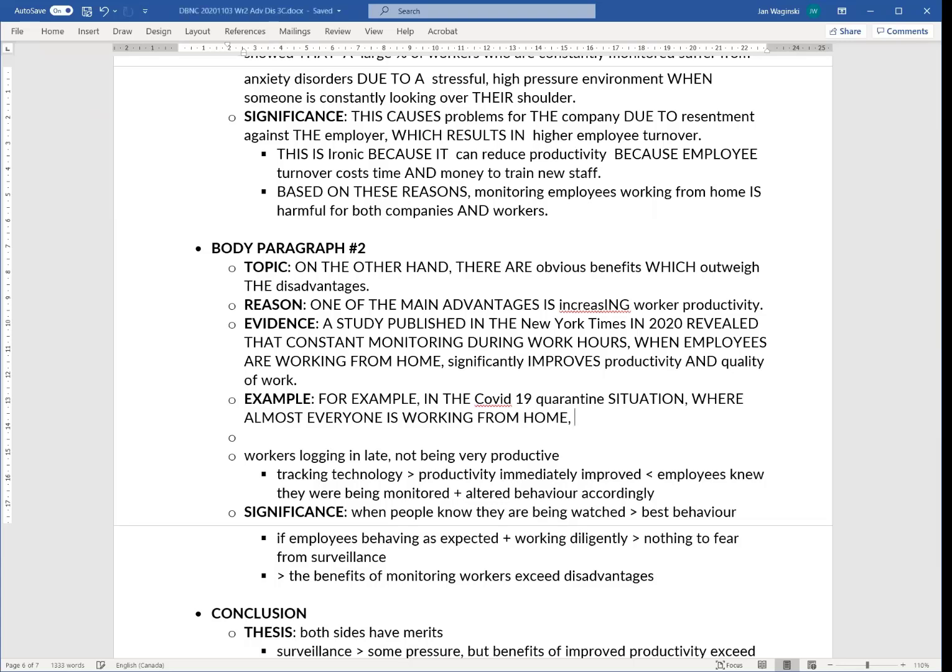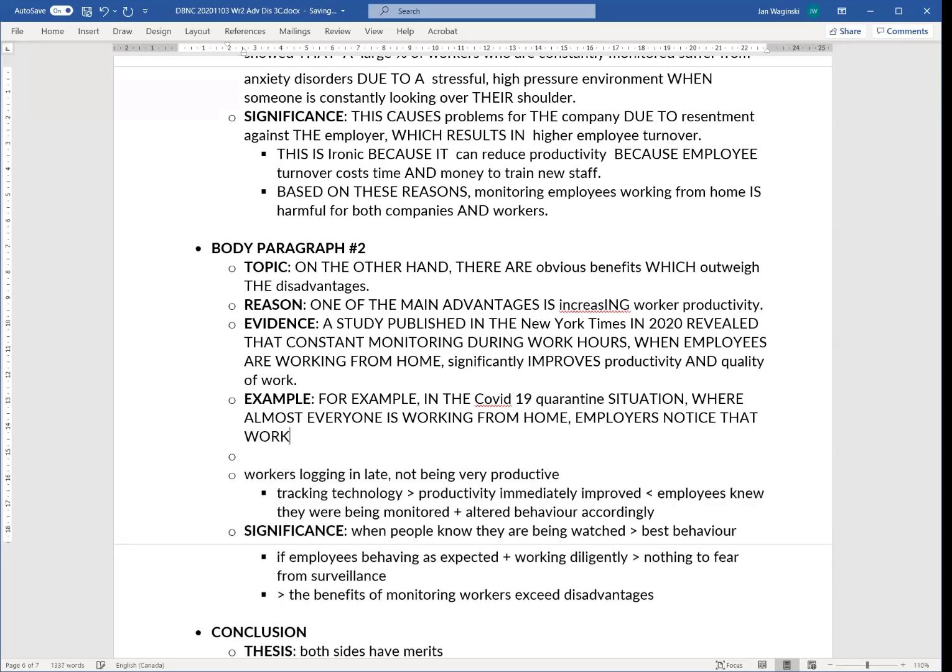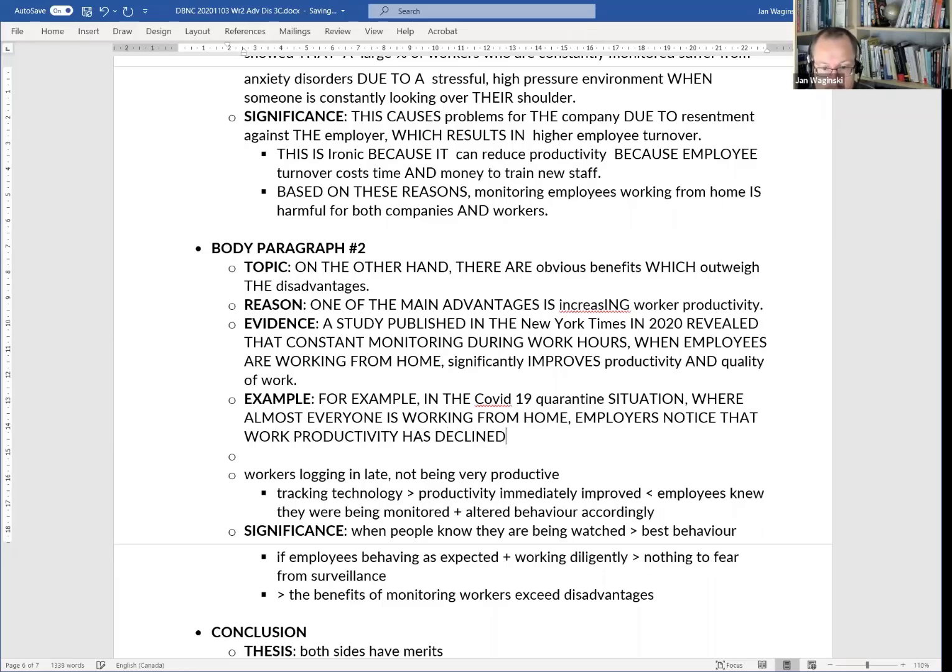Working from home, and the employers notice that the work productivity has lost because the workers were logging in late. I'm going to say has declined. Yes, has declined.